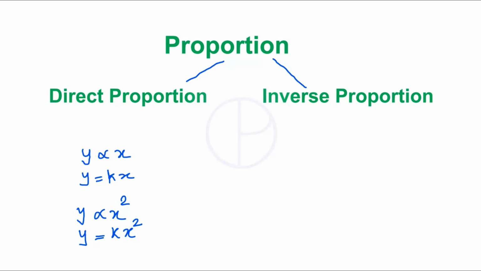So four steps are there. The first step is set up the formula. If y is proportional to x square, the formula will be y is equal to k x square. Or if y is proportional to square root of x, y is equal to k multiplied by square root of x, like that.